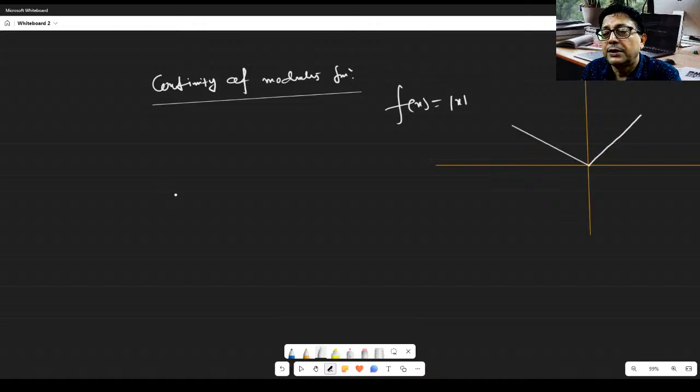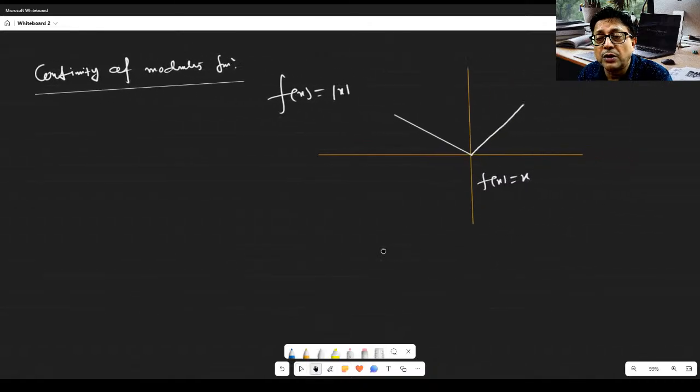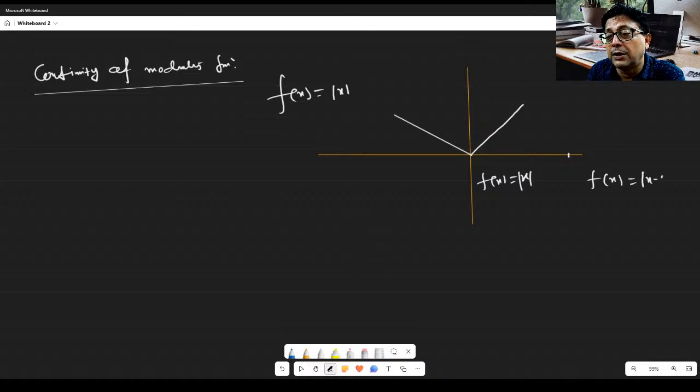Okay, this is f(x) equal to mod x, and you know by shifting of origin we can draw the graph of mod x minus 1, say we are drawing for mod x minus 5. f(x) equal to mod x we have drawn, let us do it for f(x) equal to mod x minus 5. What you will do?